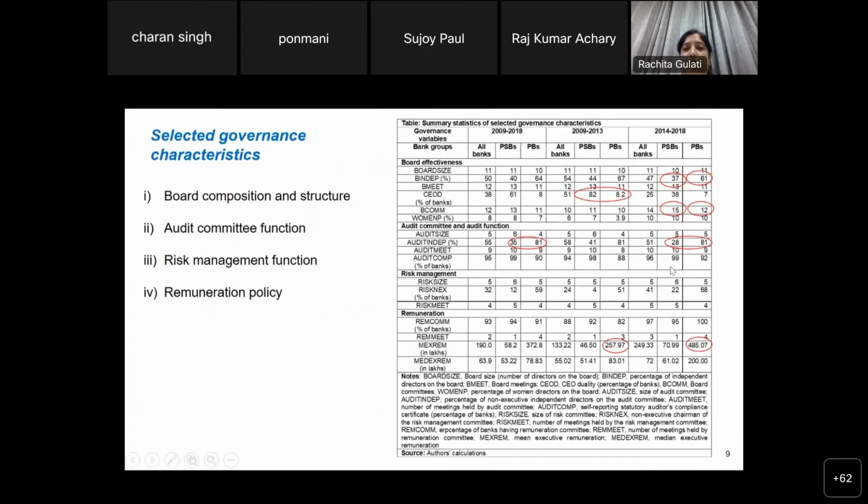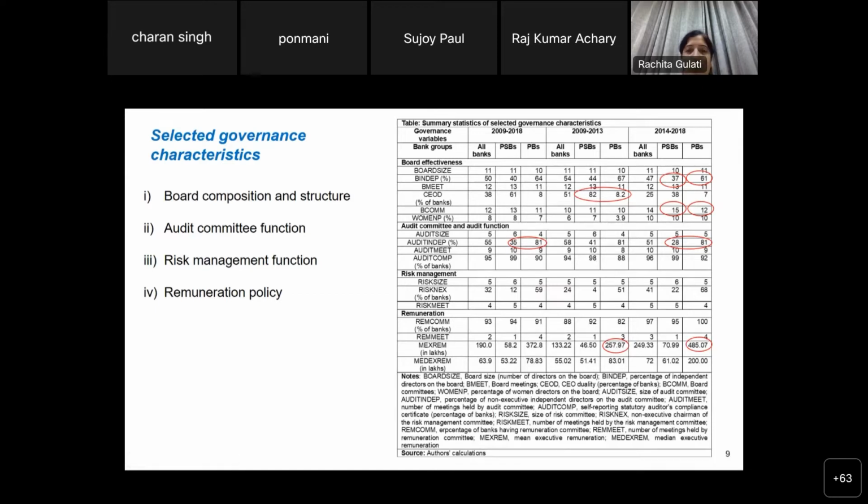As far as board independence is concerned, the public sector banks have around 40% of the board as independent, whereas in private banks the percentage is 64% in 2000 for the study period, while the statistic for 2014 is 69% for the private sector banks.